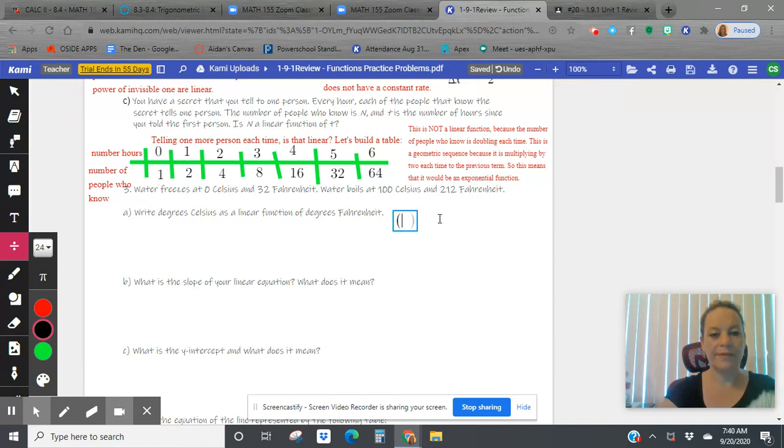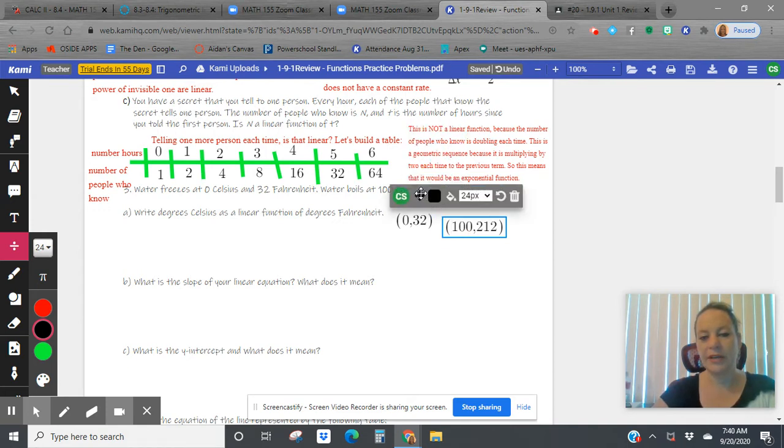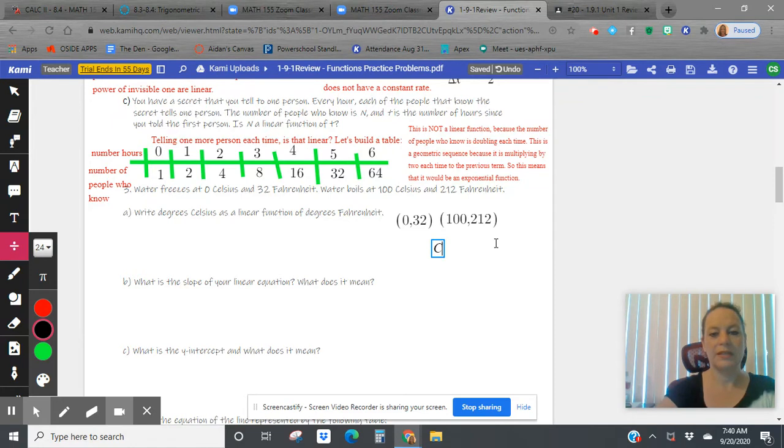So I know that (0, 32) is my first pair of coordinates, and that (100, 212) is my second xy pair. What that means is that they're giving me Celsius, Fahrenheit as my xy coordinates.